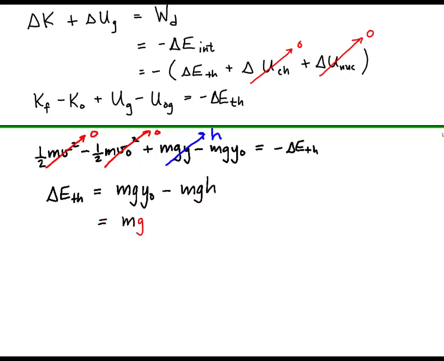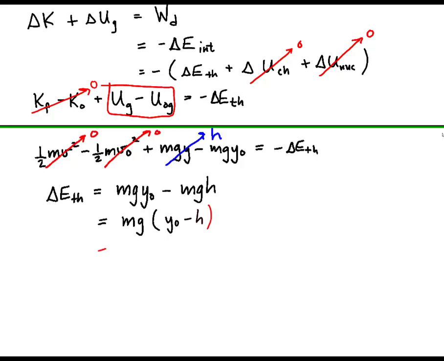When I factor out the weight of the ball, mg, I see that the change of thermal energy is due, in this situation, to the change of gravitational potential energy. You could kind of see that up here in this line, that since kinetic energy, the change is zero, this is an example of potential energy, or at least a portion of it, being transformed into thermal energy.